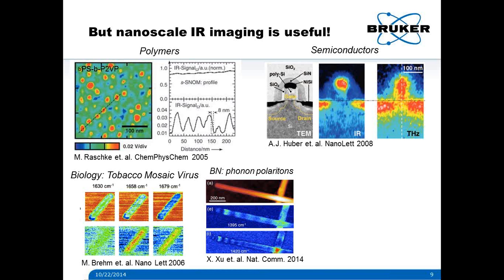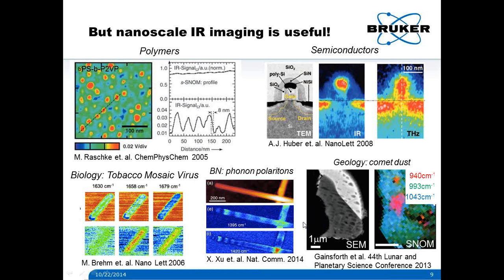Another recent example would be phonon polaritons that have been imaged on the nanoscale in these boron nitride nanowires, and you nicely see the field distribution of the phonon polaritons that change with wavelengths. And look at the scale, the width of these nanorods is below 100 nanometers.